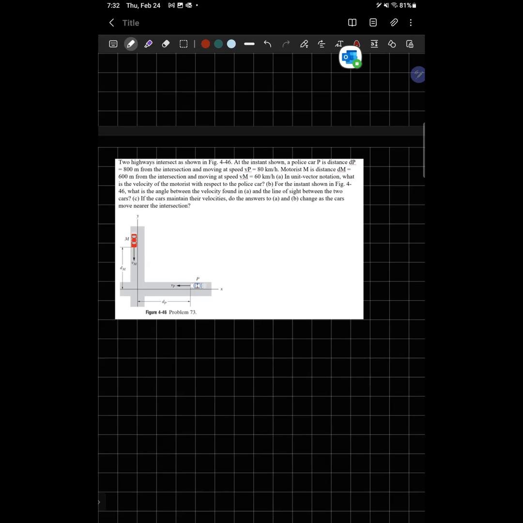The motorist M is at a distance dm equal to 600 meters from the intersection and moving at a speed of Vm equals 60 kilometers per hour. In unit vector notation, what is the velocity of the motorist with respect to the police car?